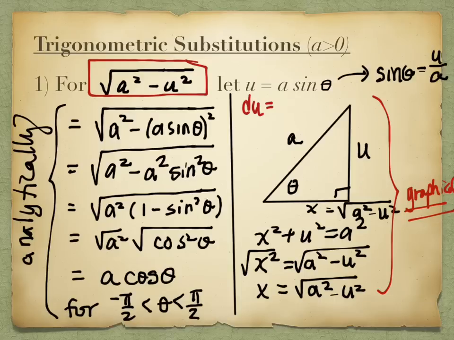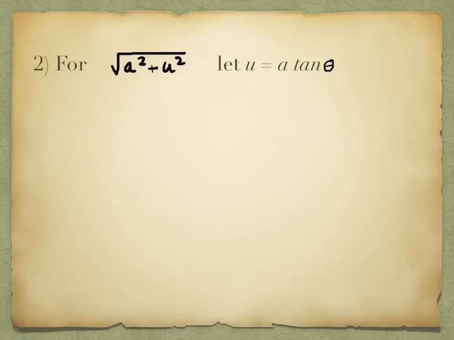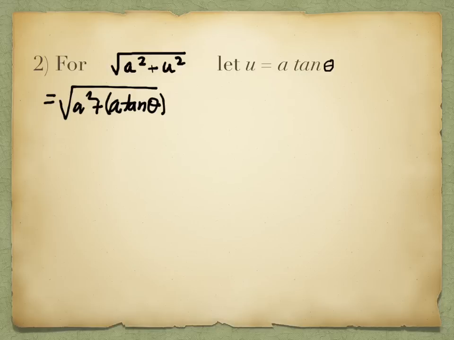Okay, you ready for the next one? Take a look. We're going to do the same kind of thing, but for a squared plus u squared. So let me justify with you why a squared plus u squared will work to have a tangent theta, and we're going to do it analytically first. So this is the square root of a squared plus, and u is going to work out to being a tangent of theta. So a tangent of theta, and I square this, right?